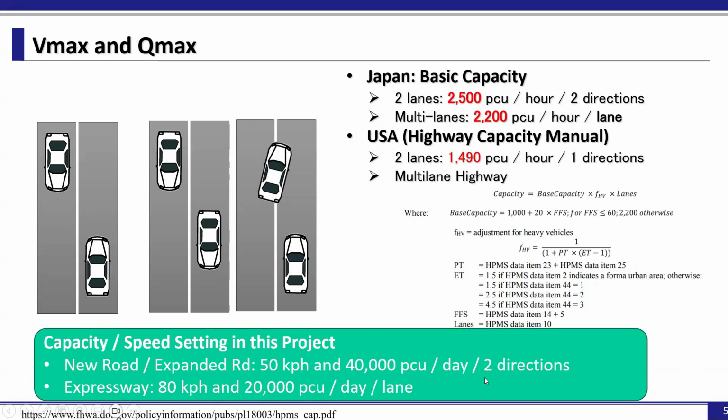So it can be considered as just a 4-lane road, with some good environment as for the transportation. And the expressway road, sometimes it is proposed and it can be considered as an 80 kilometer per hour design speed and 2,000 PCU per day.